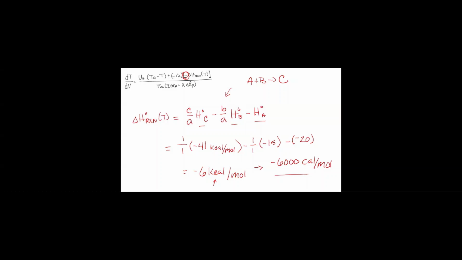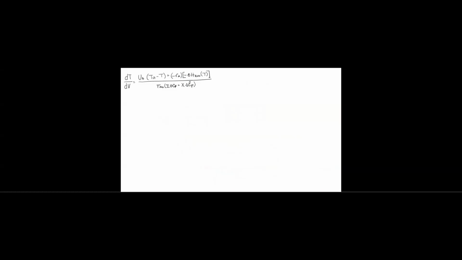So now our next step in the problem is we'll look at how do we calculate our flow rate. So we were given our initial concentration of A, and that was equal to 0.1 kmol per meter cubed.